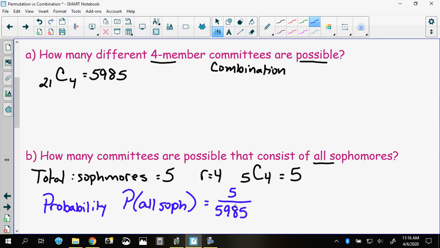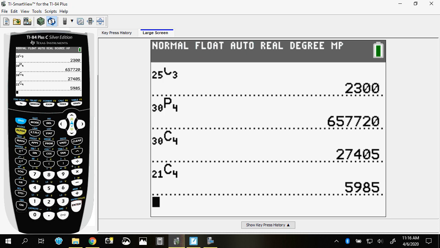So that's our probability. So remember, anytime it says how many, we're just counting. If it asks for probability, we're doing the fraction, the total of the event over the total possible. And 9 times out of 10, they're going to ask you to put this in decimal form.